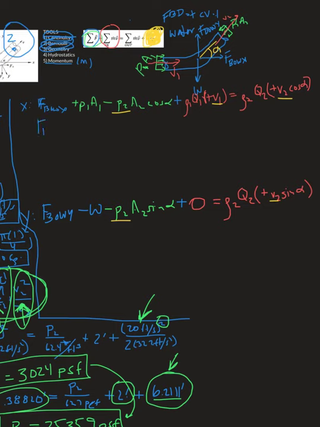I've got all this worked out. So F bow X, the force of the bend on the water in the X direction, and now we're going to go to green.